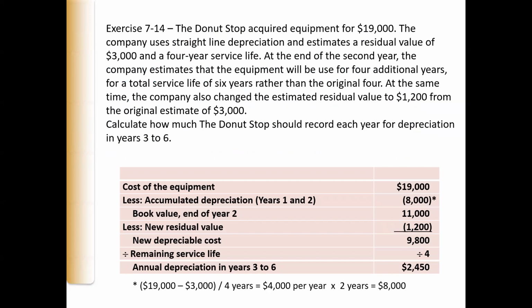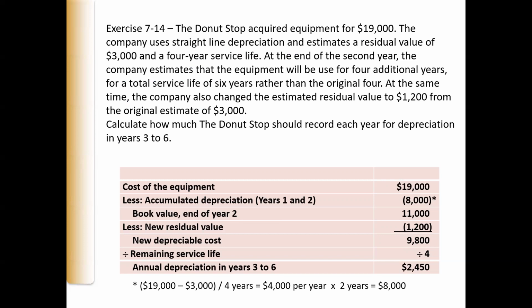So let's look at this one, guys. The donut shop acquired equipment for $19,000. The company uses straight line depreciation and estimates a residual value of $3,000 and a 4-year service life. At the end of the second year, the company estimates that the equipment will be used for 4 additional years, for a total service life of 6 years rather than 4.